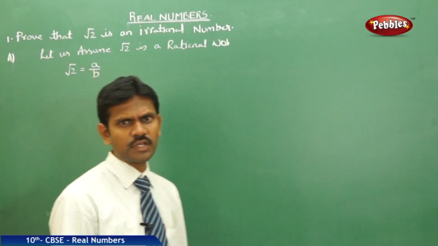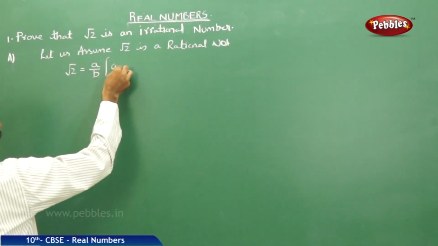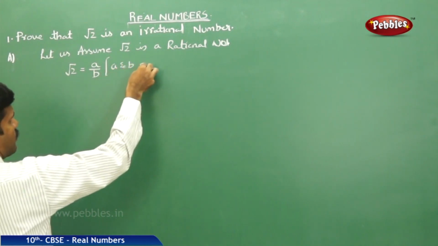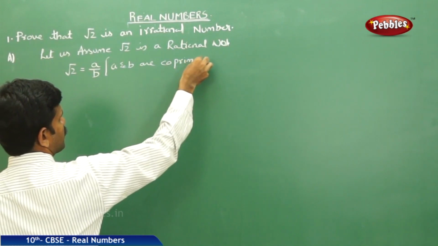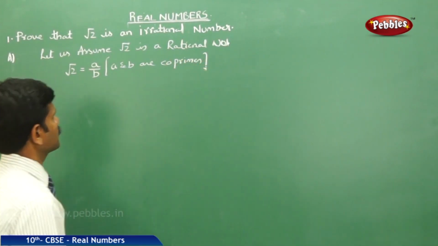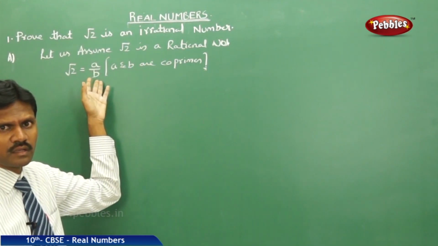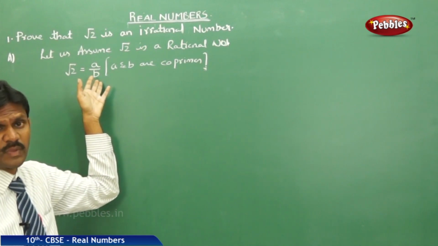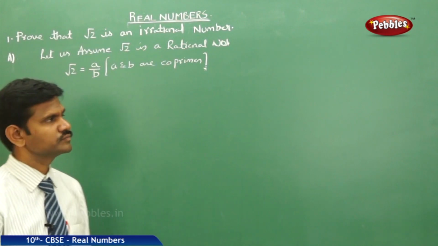That is root 2 is equal to a by b. Clearly here one condition: a and b are co-primes. What is the meaning of co-primes? A and b do not have any common factors except one. That is called a standard fraction.